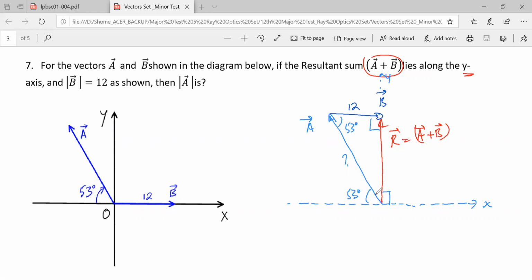Okay. So you can see that cos 53 degrees is base upon hypotenuse. So basically in this diagram, you just place A over here.